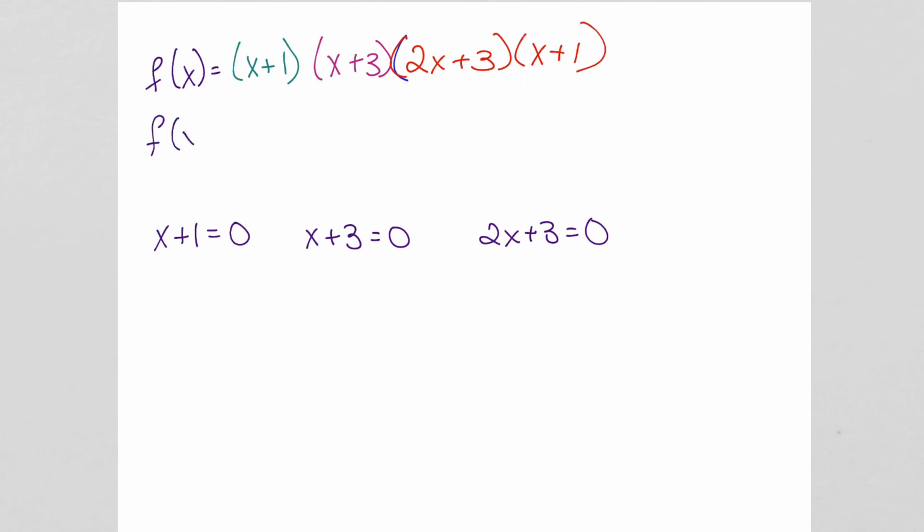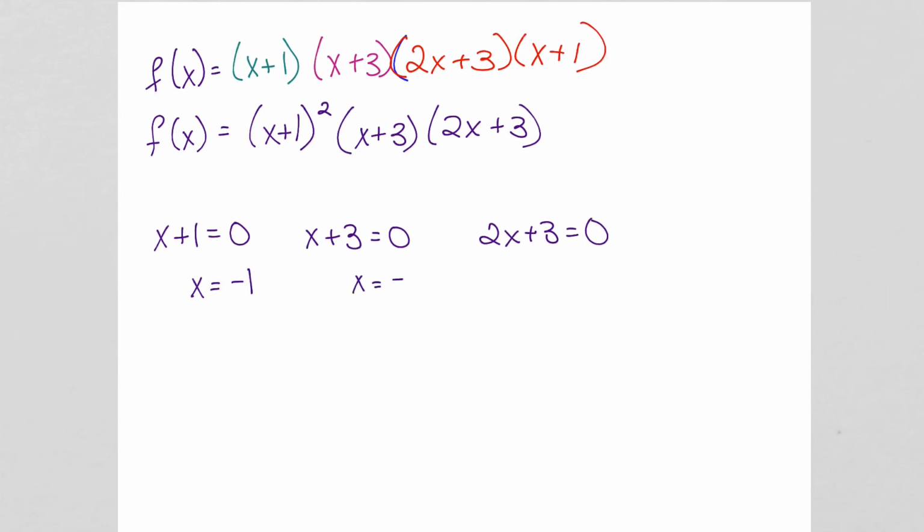To simplify this correctly, we'd have x plus 1 to the second power, and then the rest of it, because we don't need to have it written in there twice. I'm going to go back to solving for x. And so our zeros are -3, -3 halves, and -1.